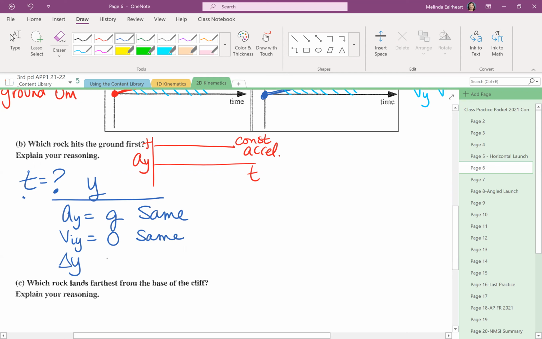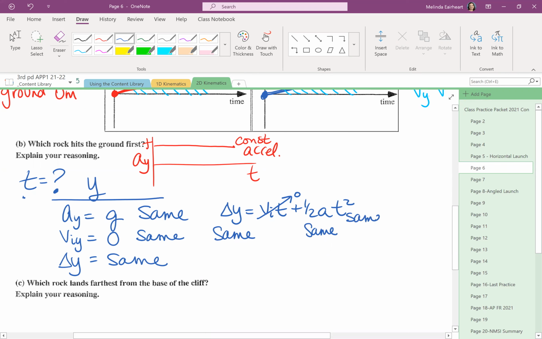We said their vertical displacement was the same. Our mathematical model that we can use to kind of figure out the time, kind of the same as we did on the other page, right? So VIT zeroes out. And so if our vertical height displacement is the same and gravity is the same, then time has to be the same. So to answer their question, which one hits the ground first? Maybe neither. They hit at the same time.